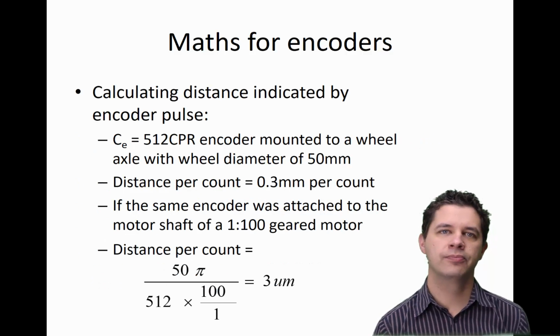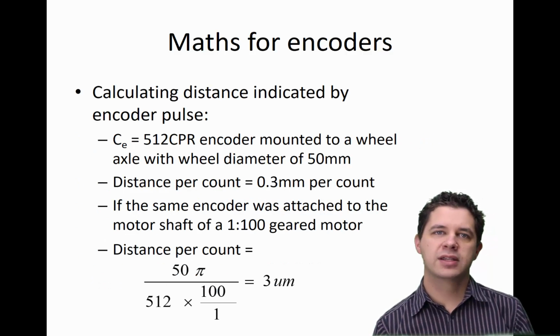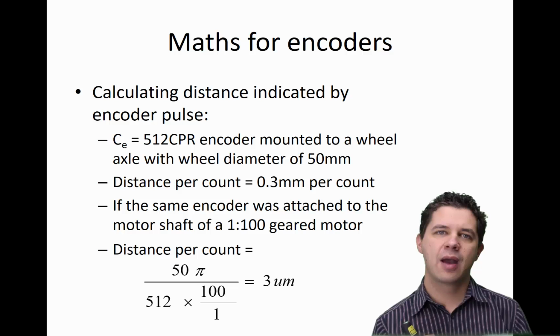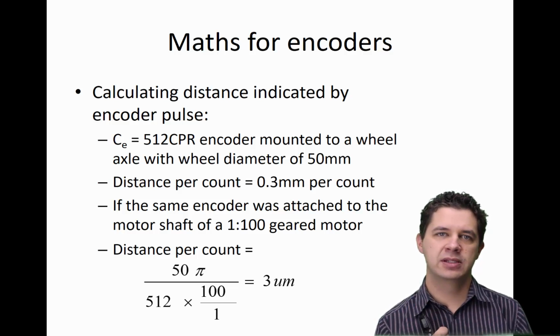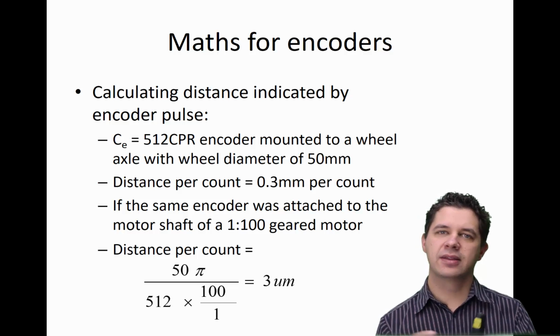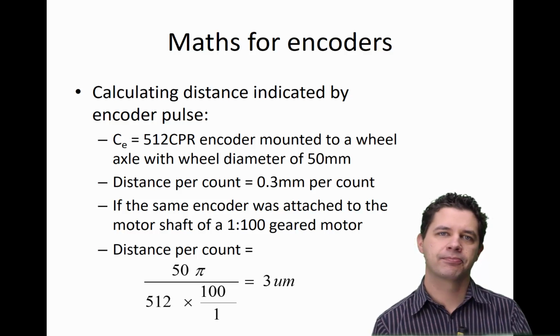Let's go through an example. So here we've got a 125 count per revolution encoder. And we mount this on a wheel with an axle, and our wheel diameter, our nominal wheel diameter, is 50 millimeters. This means that our distance per count, the distance that we actually travel, is 0.3 millimeters per count.